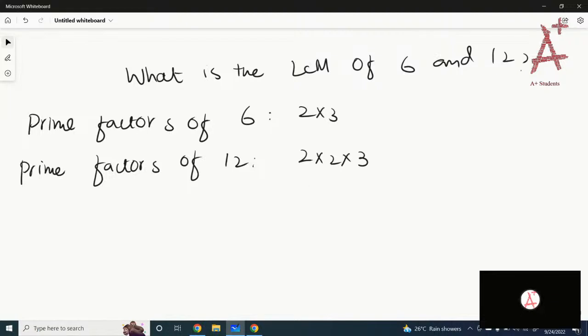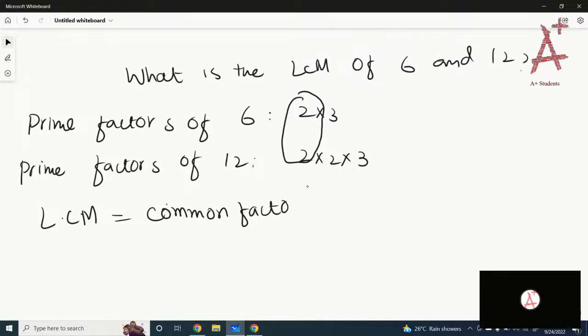For the prime factors, you have to repeat every prime number the highest number of times it appears. Here 2 is a common factor. So the LCM is the common factors and the non-common factors multiplied.